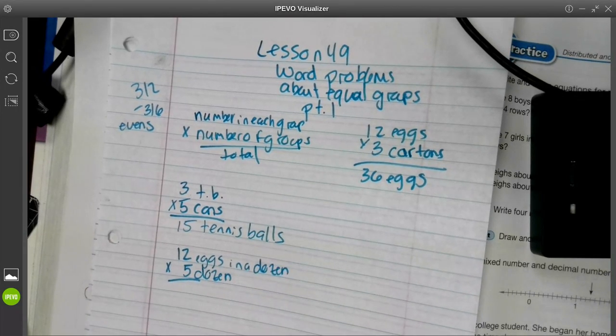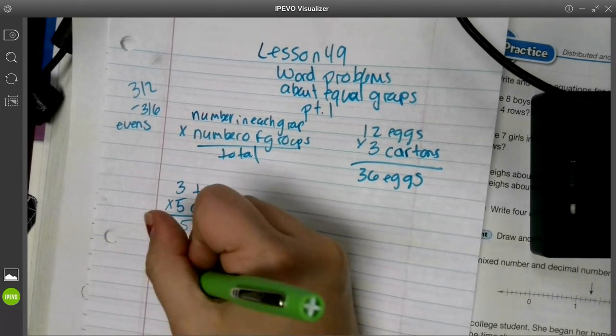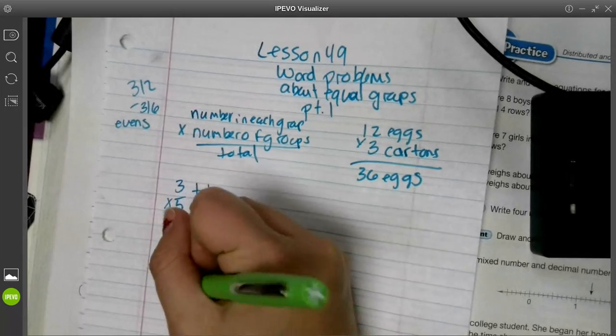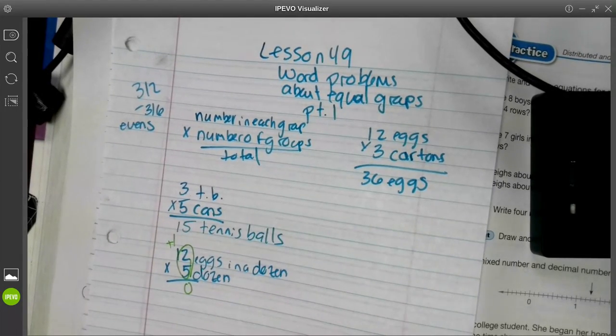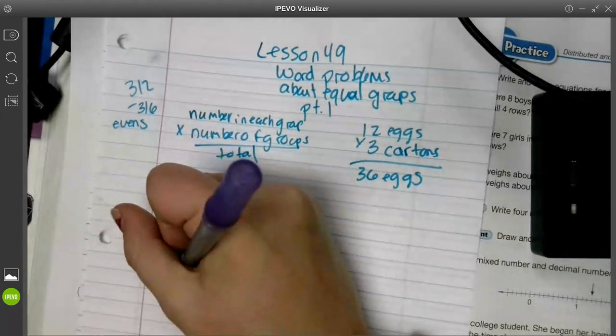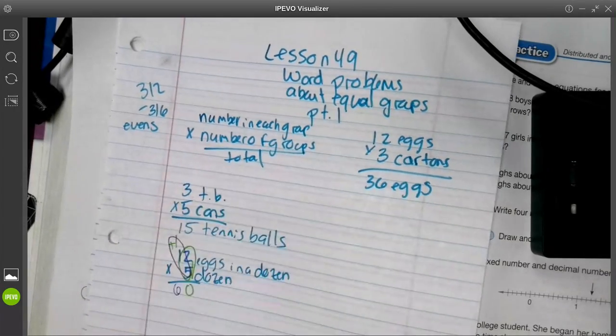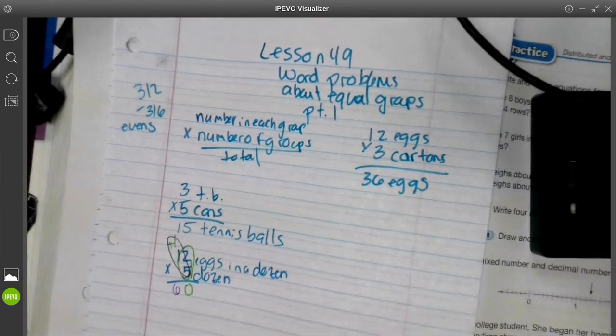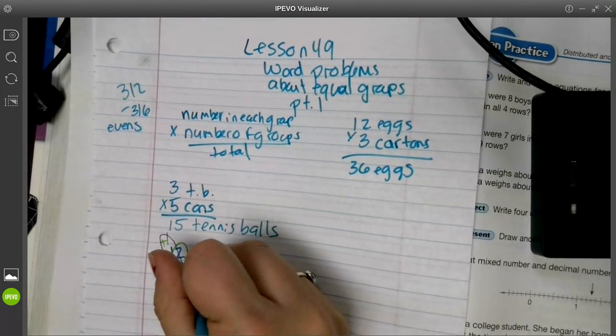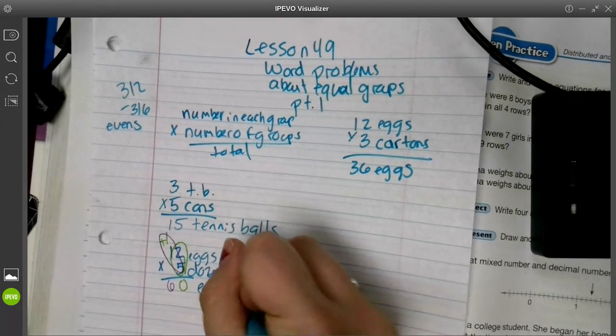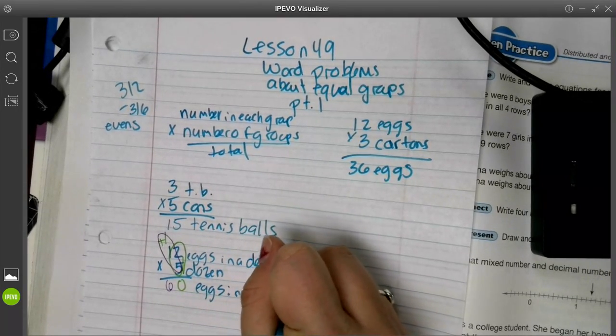We can do this as 2 by 1 digit multiplication. 5 times 2 is 10. Carry our 1. 5 times 1 is 5, plus 1 more is 6, so 60. That might also be a fact that you know. So there are 60 eggs in 5 dozen.